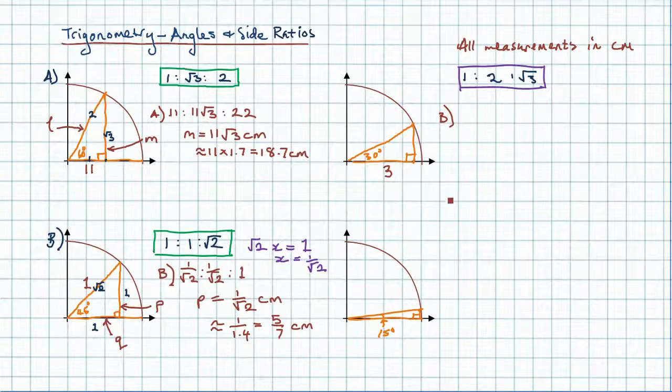So this side length is 3 and they've told us that the angle is 30 degrees. So immediately we know it's a 1, 2, root 3 triangle. What we need to do is identify which side is the given length 3. Well, that's our middle side. So our middle length is going to be this root 3.